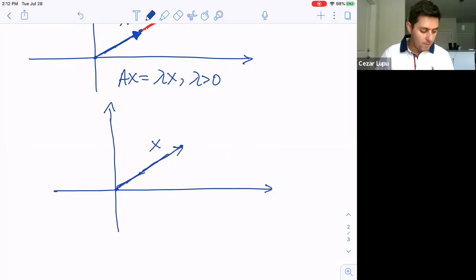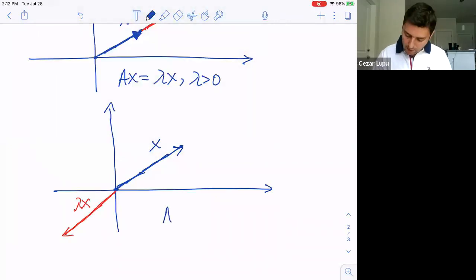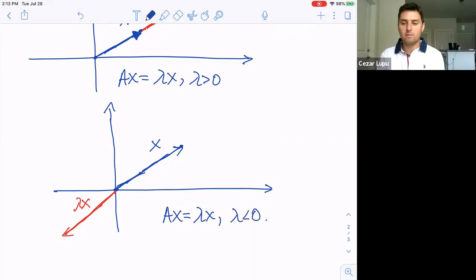And now I want to draw something that's a lambda times x, so a scalar multiple of this vector, but this time it will be negative. So I'm going to go this direction. This will be my vector lambda x. And as you can see here, this is Ax equals lambda x, but this time lambda is negative, right? Anyway, this is easy to see how we represent vectors, right?